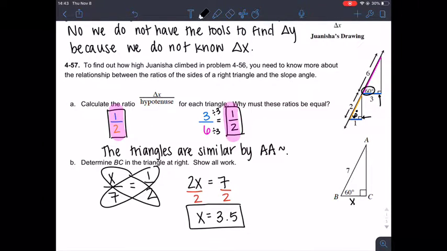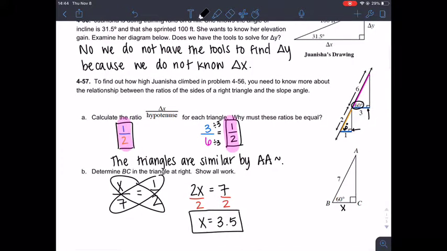Okay, so this would also work for finding the height of our triangles here, our change in y, if we knew the hypotenuse. So both of these similarity ratios, these slope ratios, kind of like when we had the tangent ratios, they have a special name. All right?